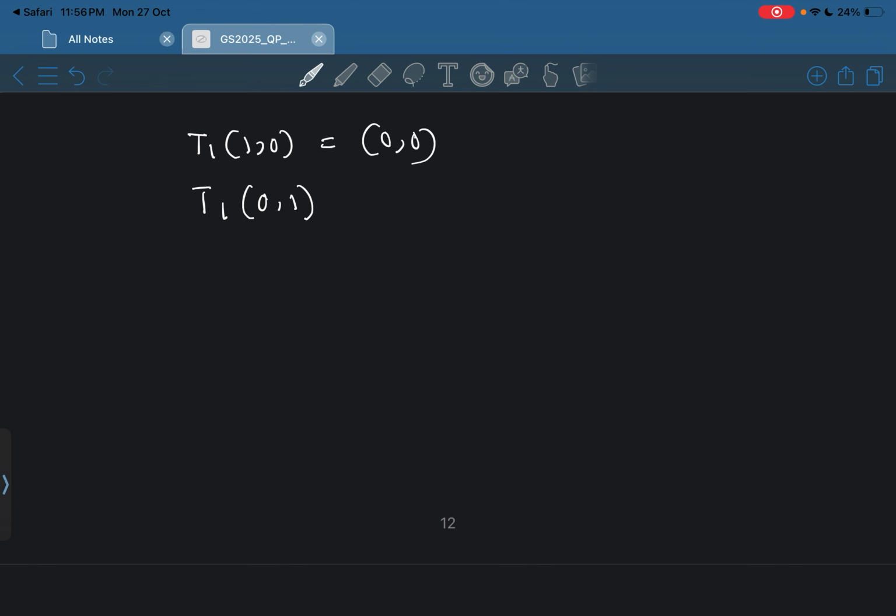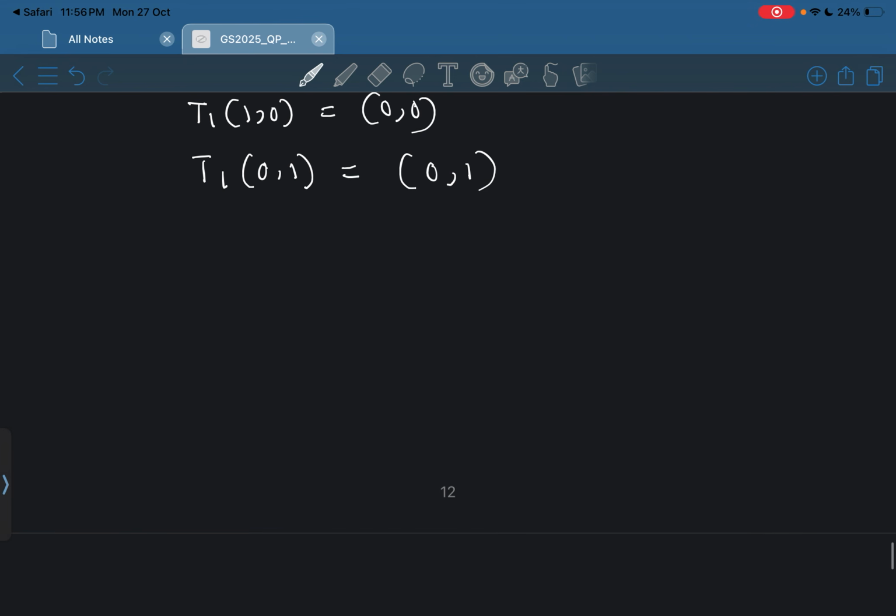Let's try to define something. Then what should be T2? T2 of (1, 0) I can define as T of (1, 0). Why? Because I want T equal to T1 plus T2. Since T1 of (1, 0) is already 0, if I define T2 of (1, 0) equal to T of (1, 0), then it is fine.